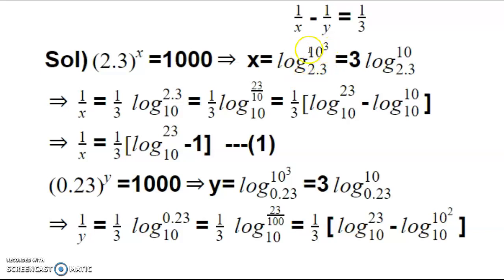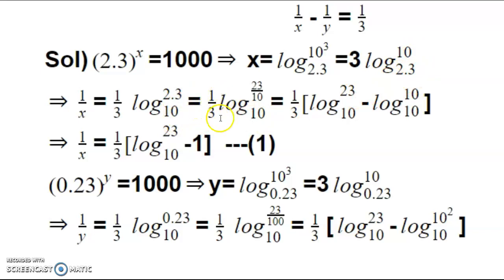1000 can be written as 10 cube. So 3 will come to the front. So it is 3 into log 10 base 2.3. By reciprocating it, we will get 1 by x is equal to 1 by 3 into log of 2.3 base 10.